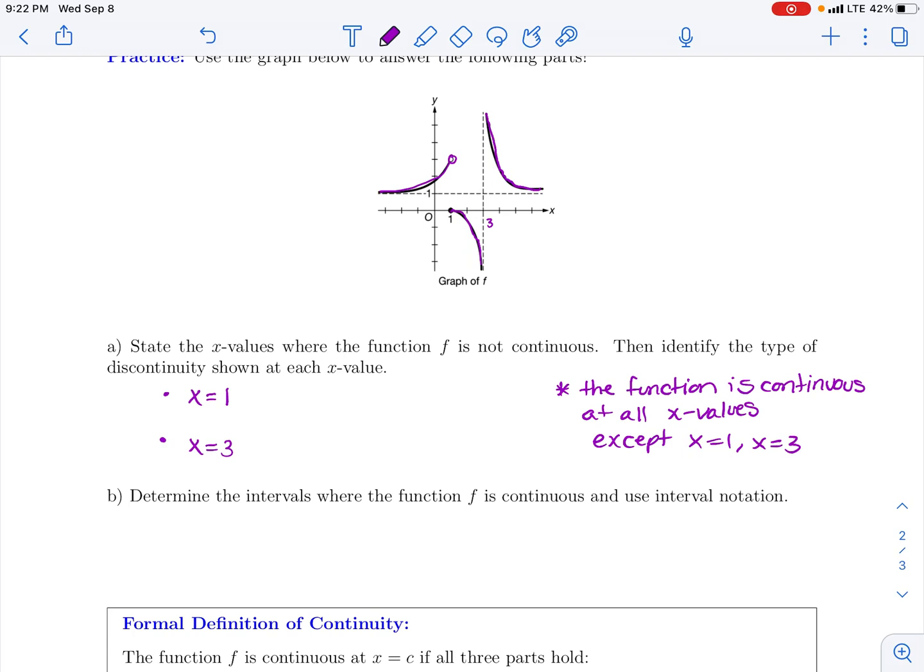Okay, so the reason being is because I could draw the rest of the graph without picking my pen off the paper, except at those two values. Okay, so again, that's how we informally define these things.